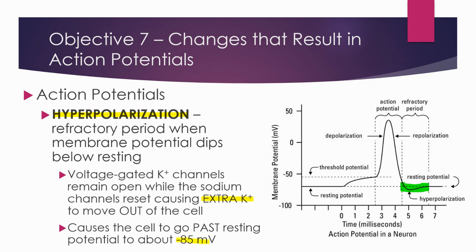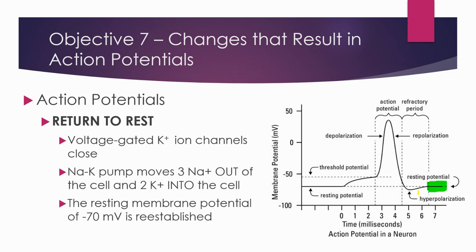So that takes us to about negative 85 millivolts, but that's just for a very short period of time. And then we return to rest with the help of the sodium-potassium pumps. Those voltage-gated potassium channels are going to close, and we're going to go back to the work of the sodium-potassium pump and those leak ion channels, and that's going to maintain that resting potential of negative 70.